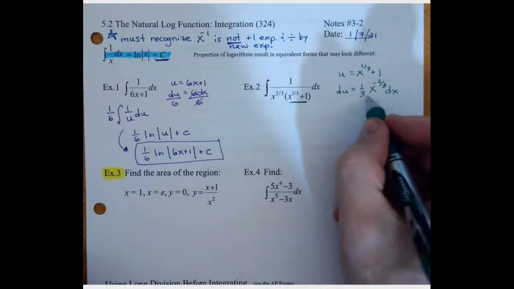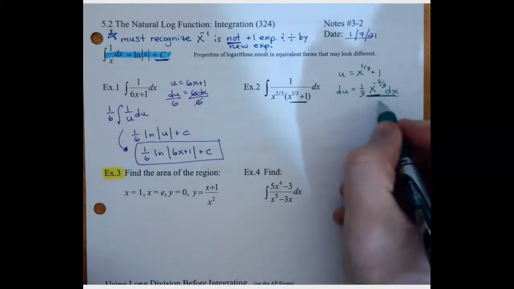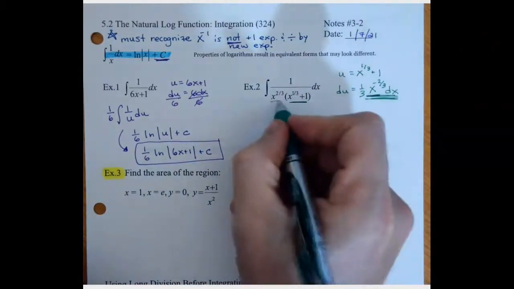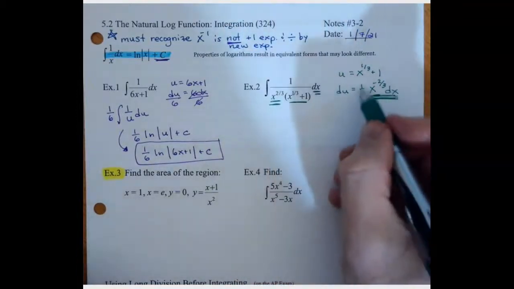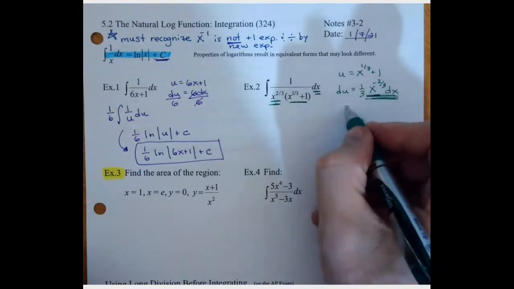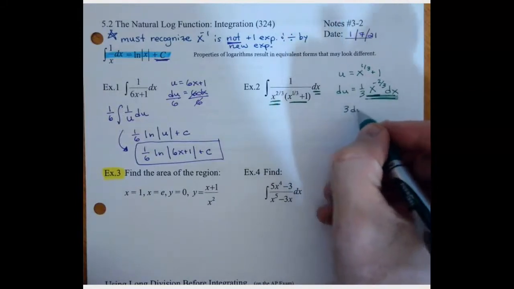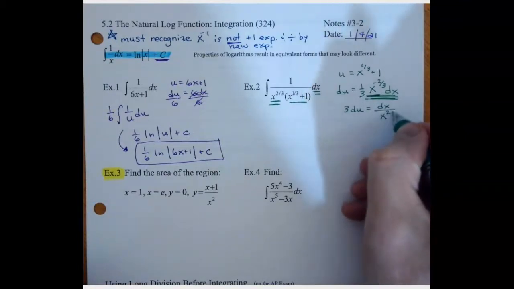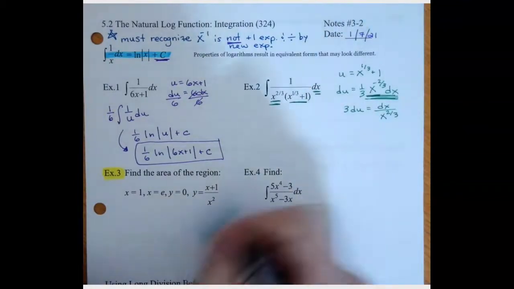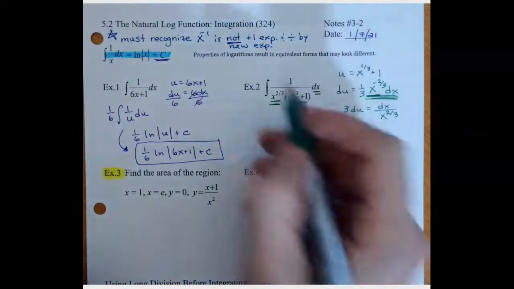And we will do a double underline there for this and this. So we don't have this 3 taken care of, though, so we do need to multiply both sides by 3. So we're going to have 3 du equals dx over x to the 2/3. So that's a pretty nice substitution there.